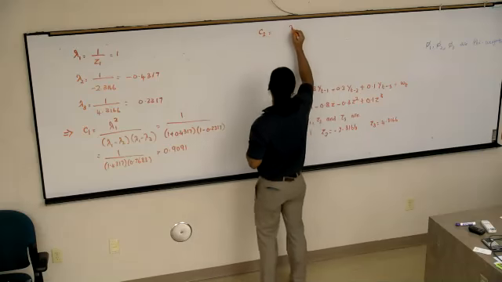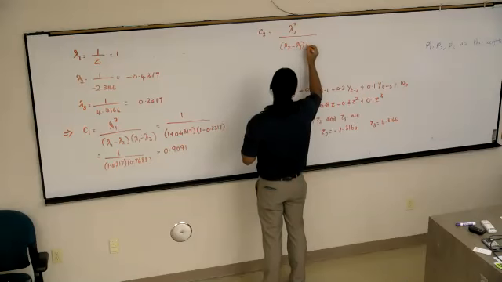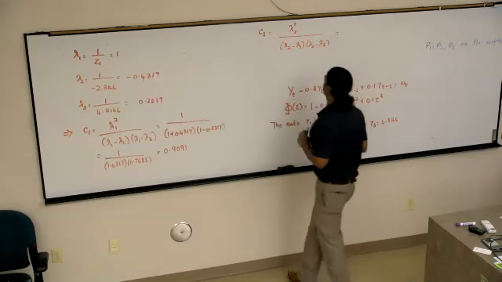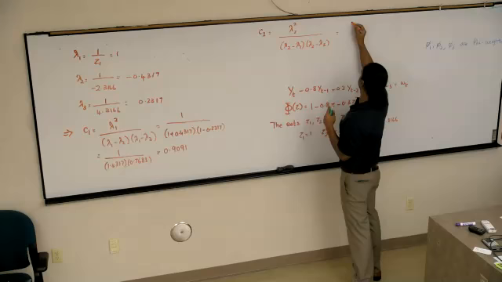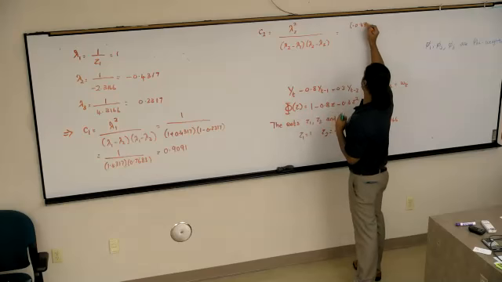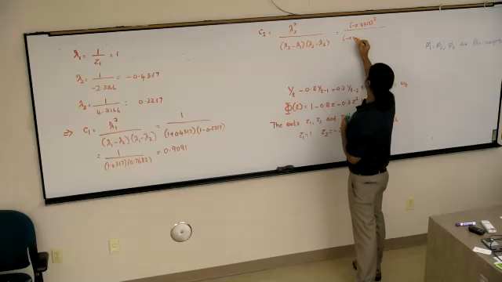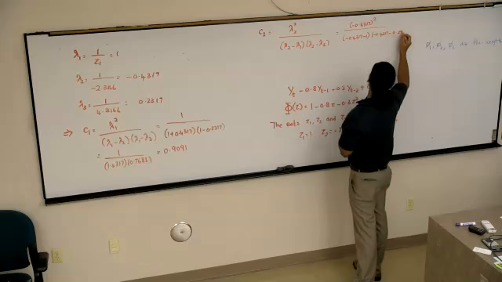C2 would be lambda 2 squared divided by lambda 2 minus lambda 1, lambda 2 minus lambda 3. Which would simply mean we have negative 0.4317 squared, negative 0.4317 minus 1, negative 0.4317 minus 0.2317.